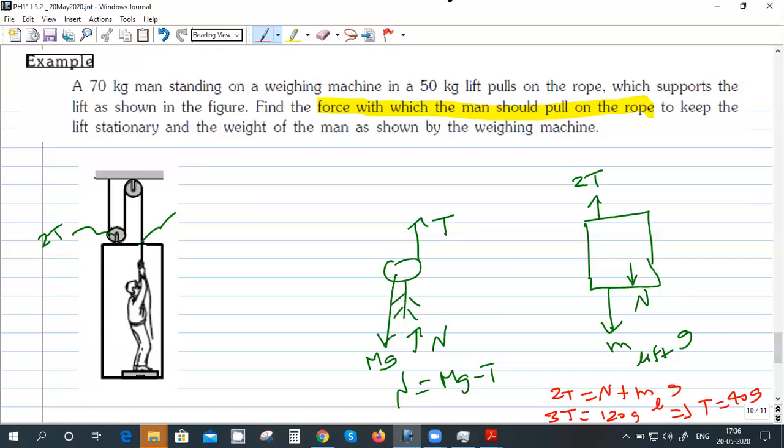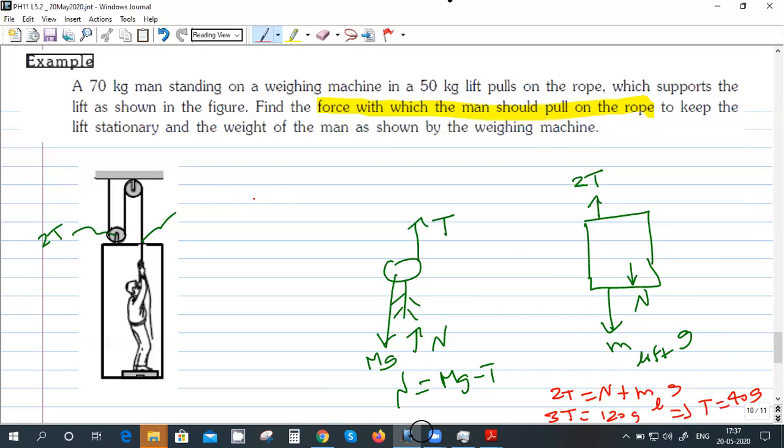Okay, so what is the force with which the man should pull the rope? How do you get that? Bhavya? The tension in the rope is capital T. The force with which he should pull, is it capital T or something else?